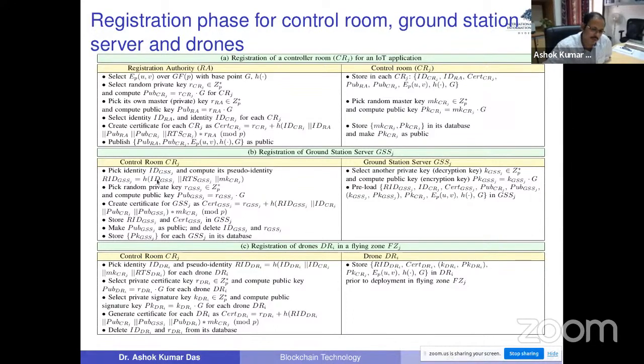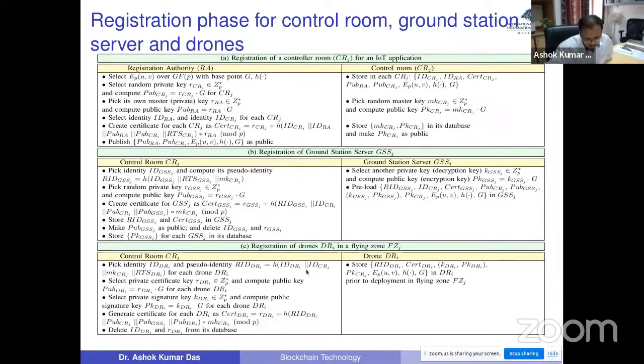The control room first picks an identity, a pseudo identity is created, then private-public keys are created, and the private key is used to create the certificate on behalf of the GSS. After receiving this information, the GSS creates its own private-public key pairs and preloads the information in its own memory.